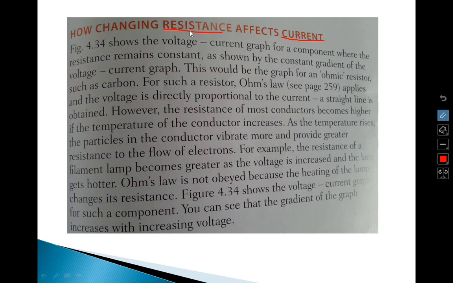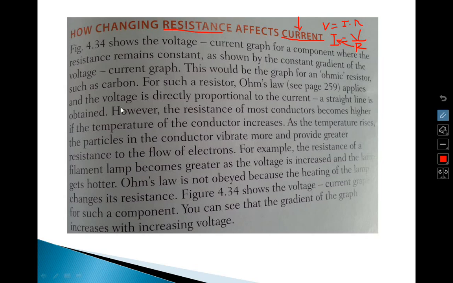So changing the value of R immediately changes the value of I. Because V is equal to I times R, so I is equal to V over R. Any change in R will immediately change the current I.